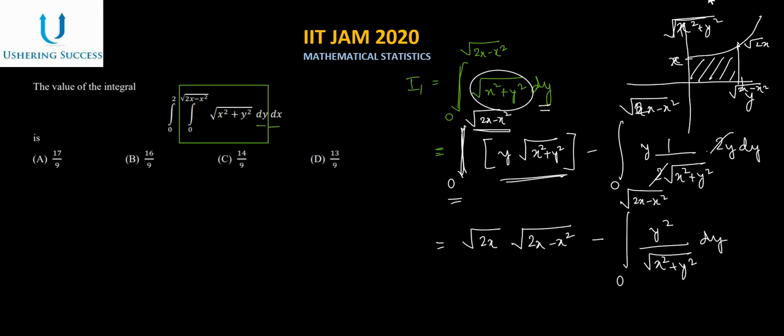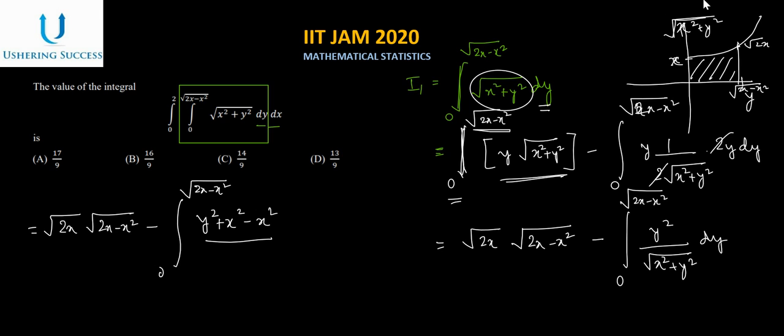Now we can reduce this to root over 2x into root over 2x minus x square minus integral 0 to root over 2x minus x square of y square plus x square minus x square over root over x square plus y square dy.